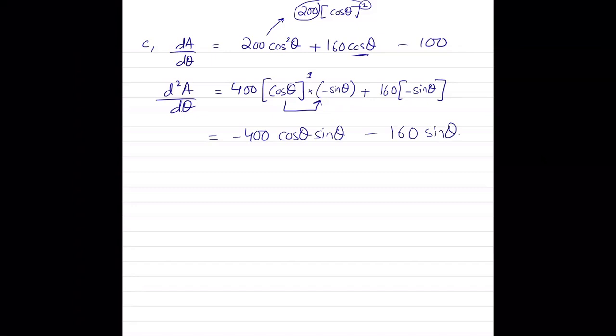Now, the stationary value was occurring at theta equals 1.146. So let's find if the second derivative has a positive or a negative answer for this value, because that's going to help us in determining the nature. If you plug in theta as 1.146 in the second derivative, is the answer coming positive or negative?